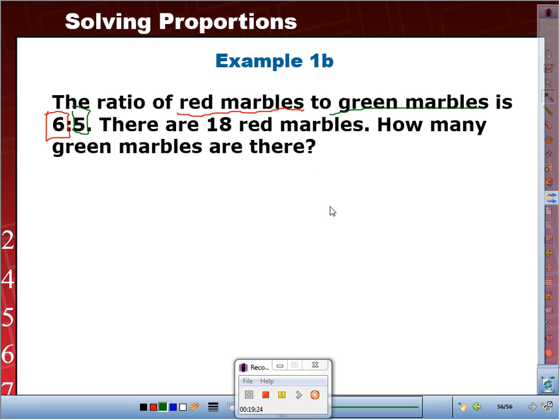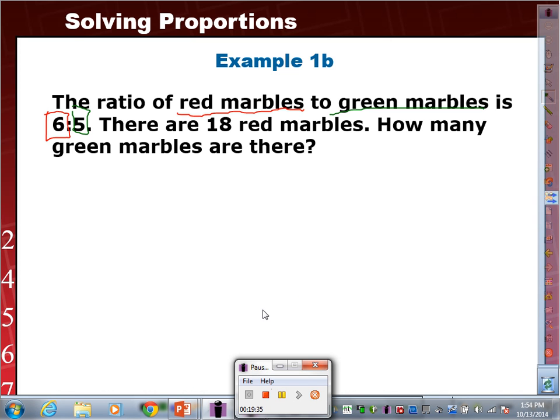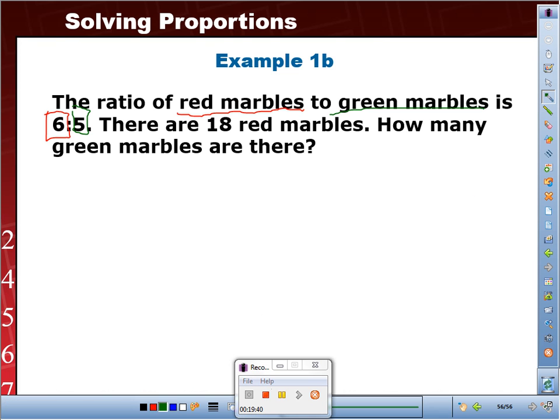Go with that information. Because at the end they say, there are 18 red marbles, and how many green marbles are there? Go. Alright, here we go. So, you set up your proportion. Let's see, you wrote 6 over 5 equals, where does the 18 go on this side?